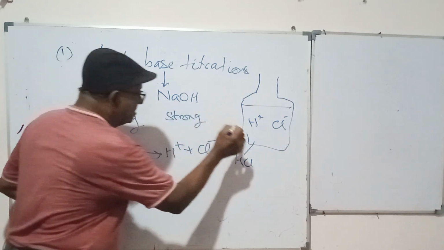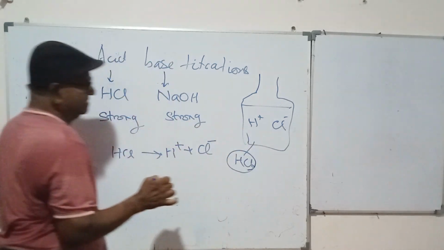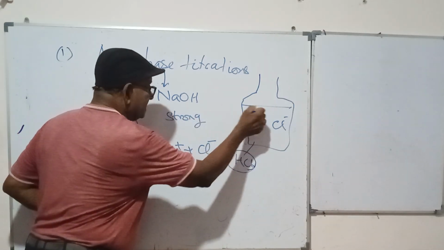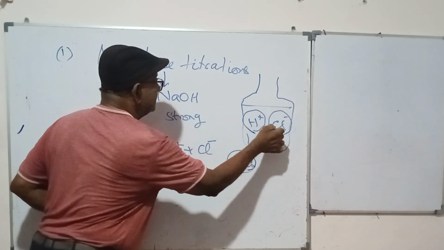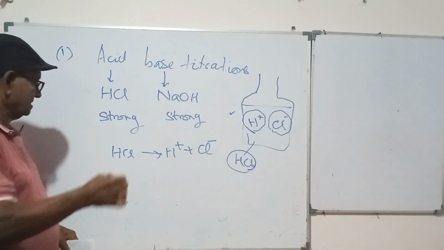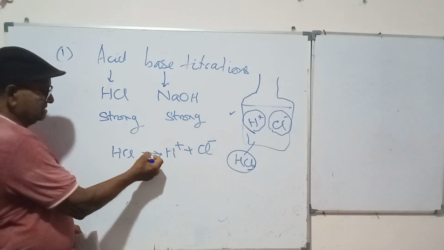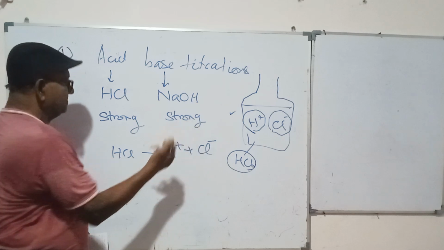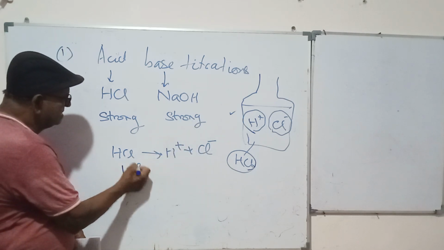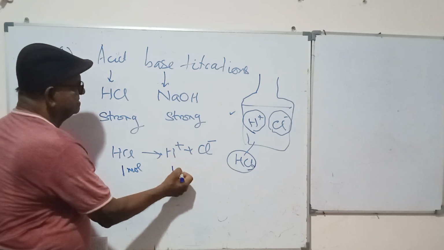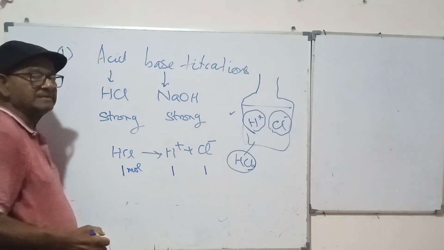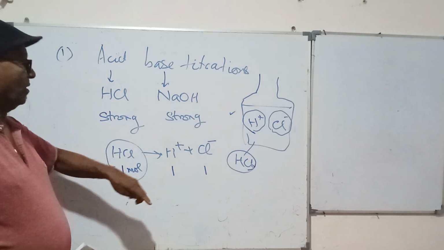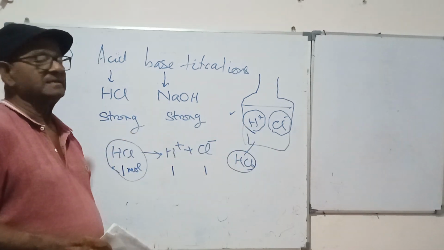So in this bottle there are no HCl molecules, it has only H plus and Cl minus ions. That means HCl undergoes complete ionization to give H plus and Cl minus. If 1 mole is present, 1 mole of H plus and 1 mole of Cl minus are given. No molecules. So it only contains ions. This is the strong acid.